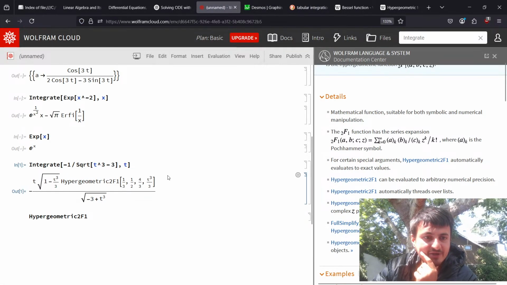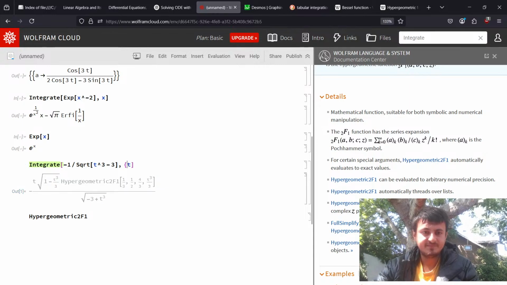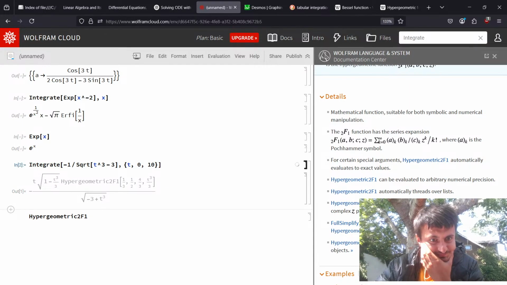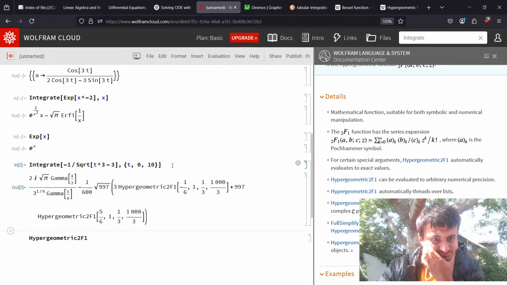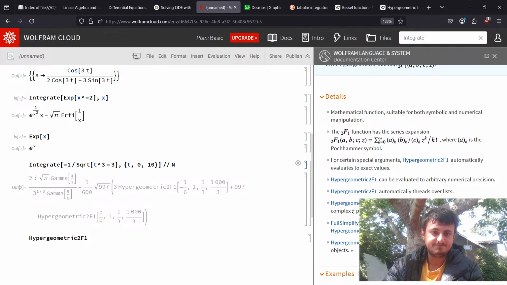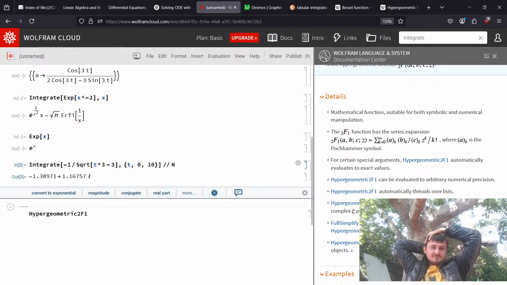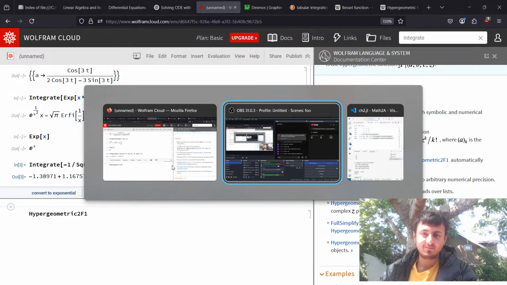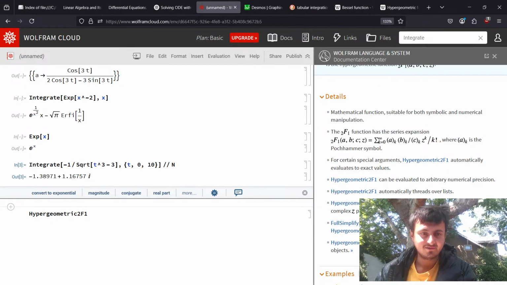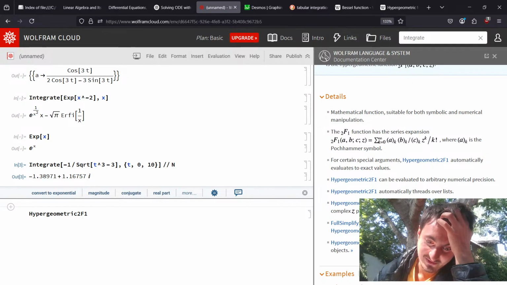So I wonder, can you evaluate, let's say we did t from 0 to 10. Do we get a number out? You get a complex number out. Yeah, I don't know anything about complex analysis. That's weird. How can the area under a curve be a complex number?